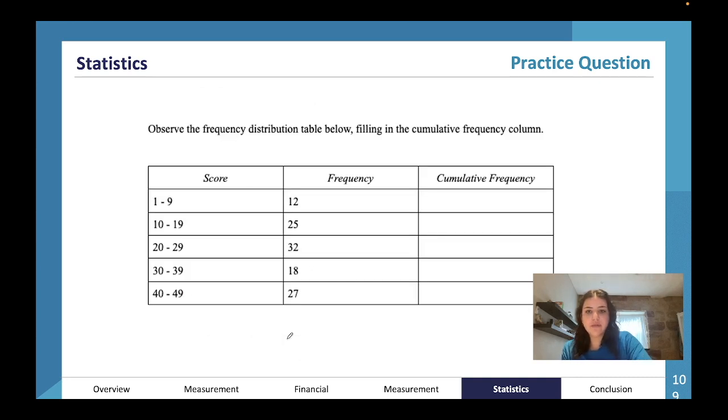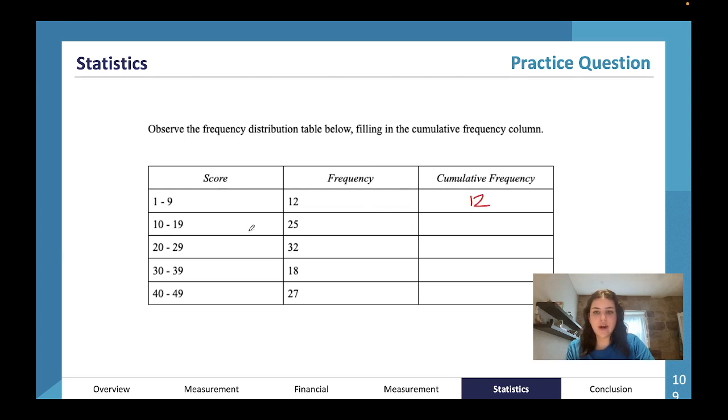All right, observe the frequency distribution table below, filling in the cumulative frequency column. Okay, so let's fill out this column first. Actually, I'm not going to show you the cumulative frequency graph. That's another question. I just got myself confused. Score 1 to 9 has frequency 12, so we're just going to write 12.